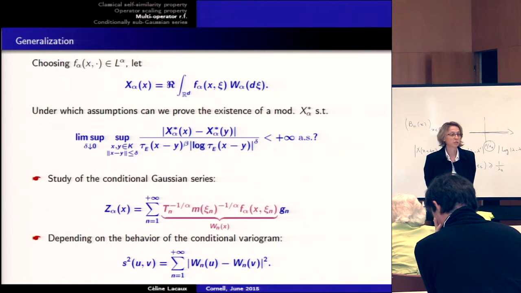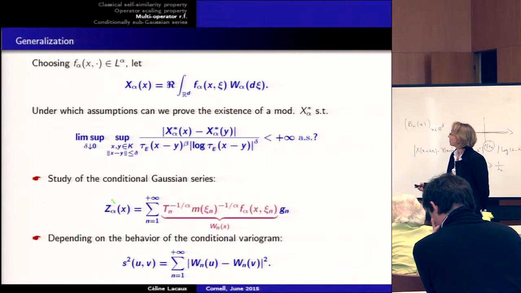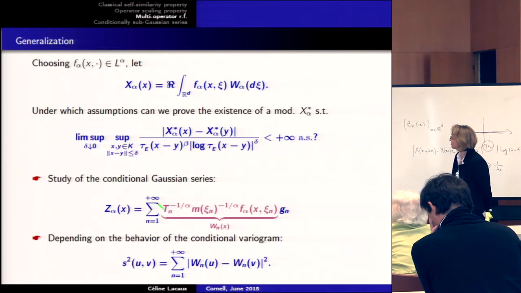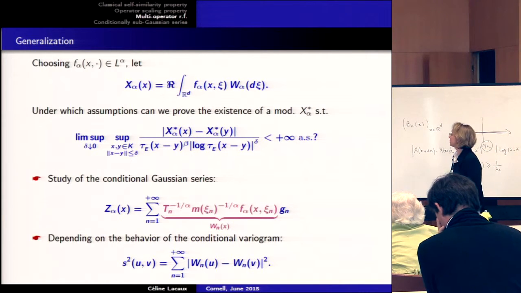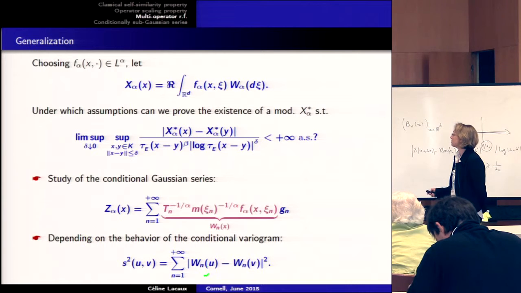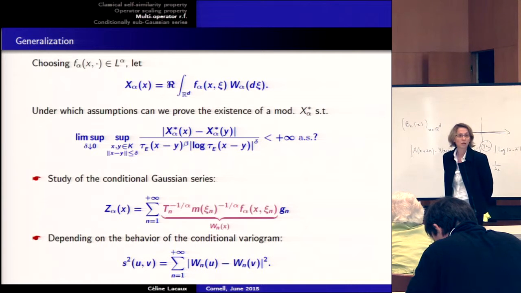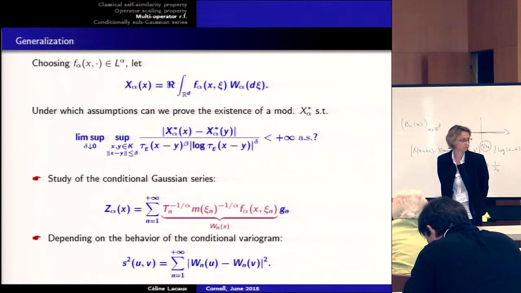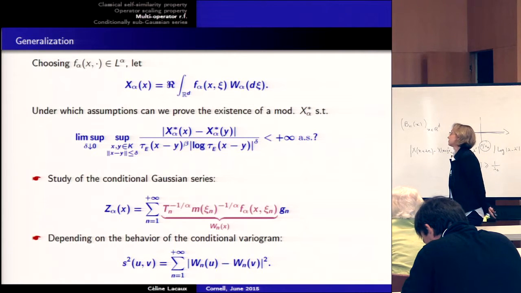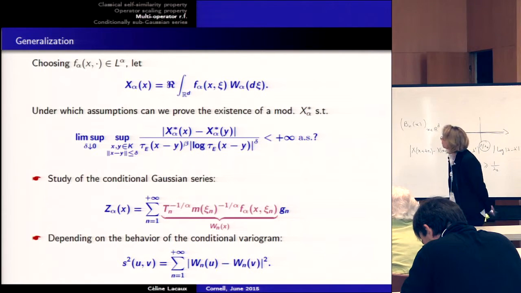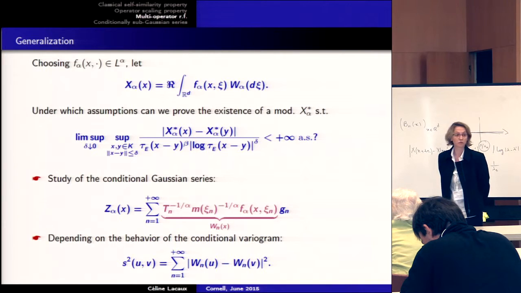Of course, what I will do is to introduce a LePage series representation. So to be simple, this one will now be denoted by Wn of x, and I will have a look at this conditional variable. And we ask, do we really need to know the form of Wn?